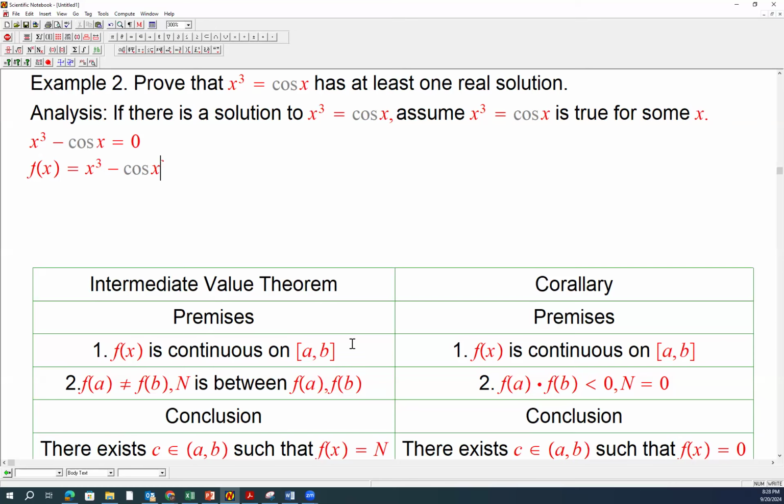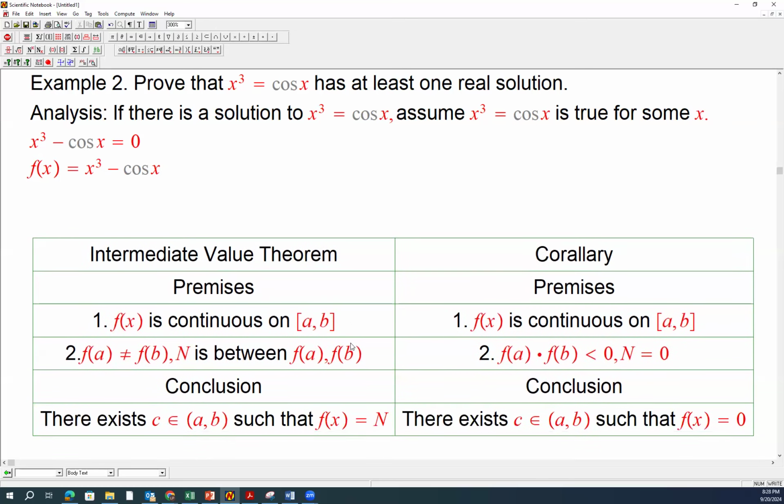So this part of the analysis is really to identify the function. This is the clue. So we have identified the function. And what else do we need to identify?